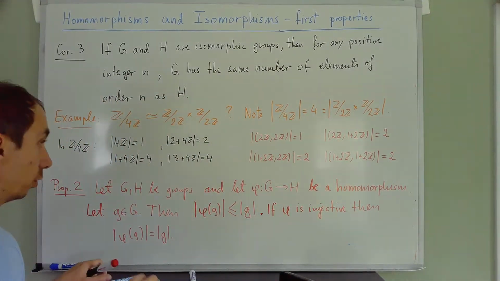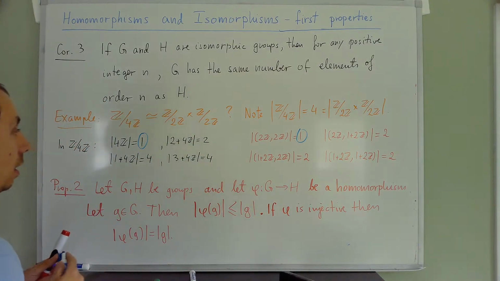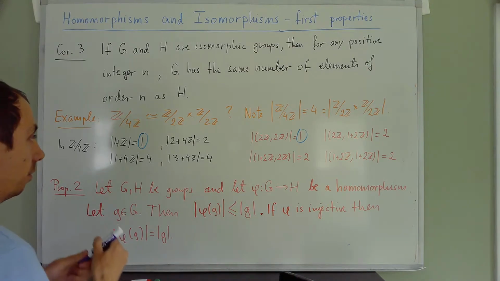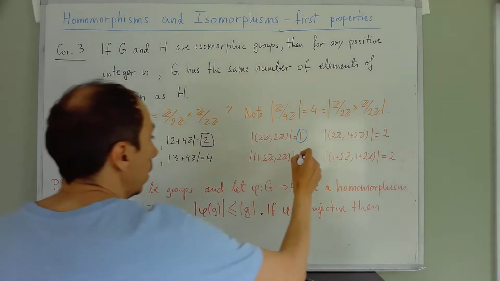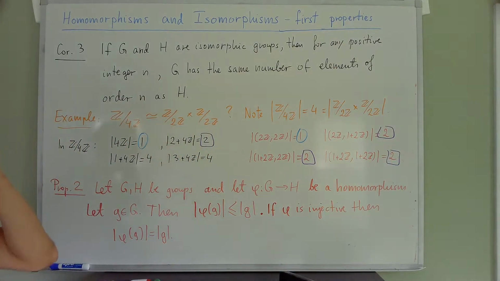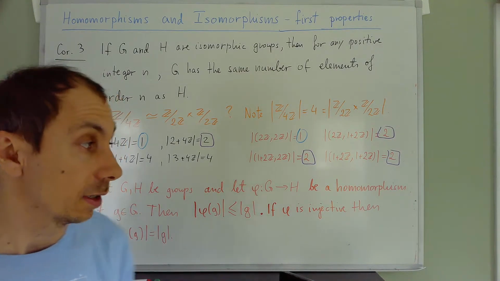How many elements of order 1 do I have in both groups? It has to be only 1. Fine. How many elements of order 2 do I have? 1 in the first group, 3 in the second. Different number. I have different numbers of elements of order 2. So these groups are not isomorphic.